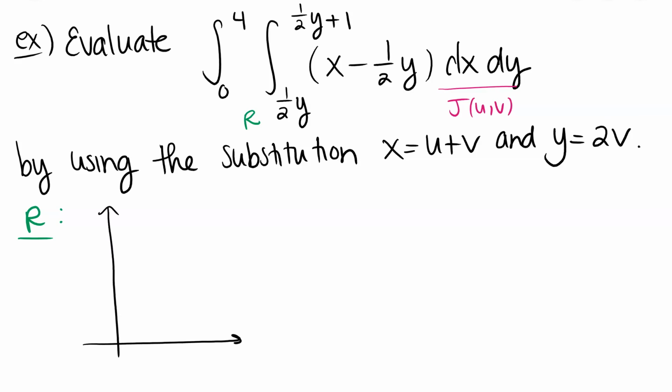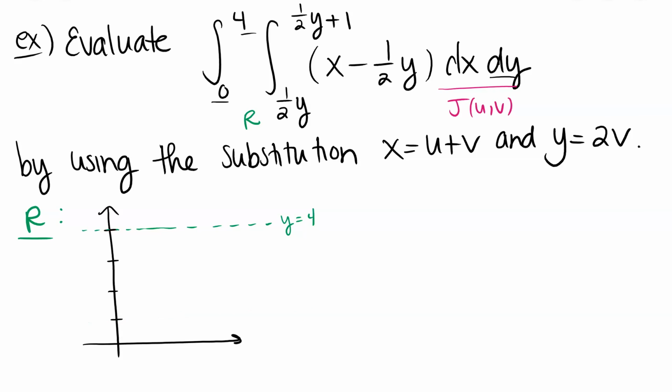The easiest is probably to look at the dy. dy is bounded by 0 and 4. So my y values are going to be bounded by y equals 4, and this is y equals, no, that's not.